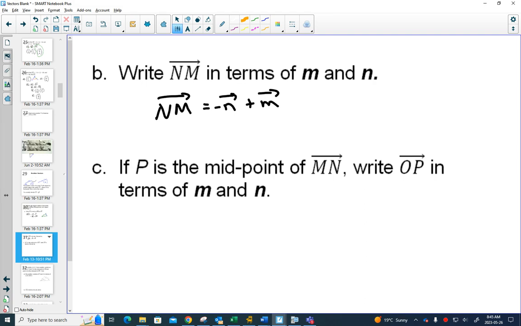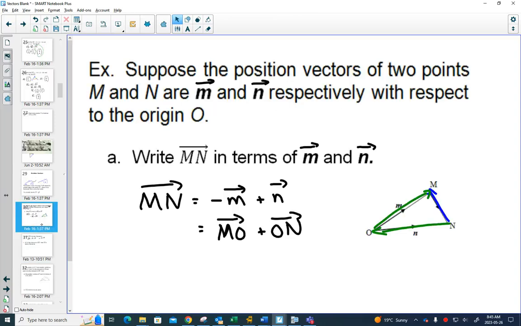You will see a lot of textbooks write it this way because people think that looks nicer not to start with the negative. Okay? It means the same thing, but I find when you're trying to understand it and you're thinking about the diagram, isn't it easier to think about first going backwards on N and then traveling on M? It is.